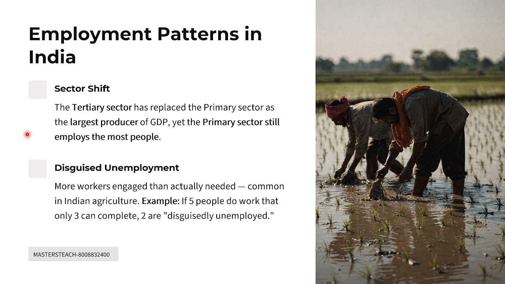Okay, then we discuss unemployment. Actually, more workers are engaged than actually needed. This is common in Indian agriculture. For example, in order to do any production, we need only three people, but we hired five people.